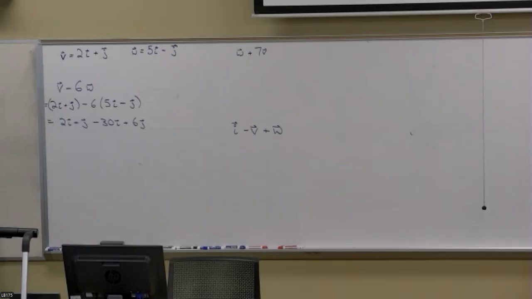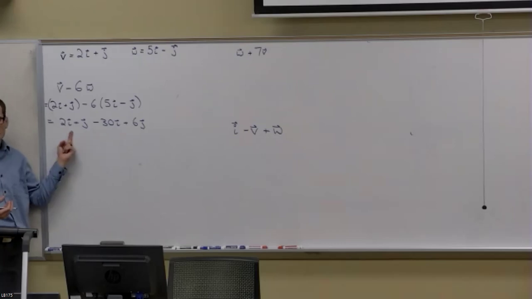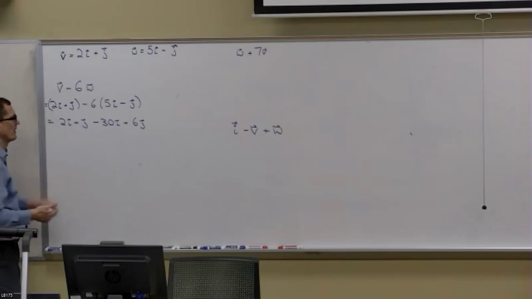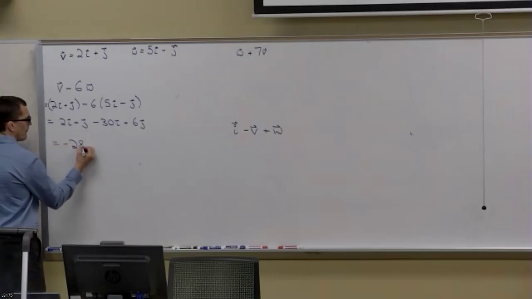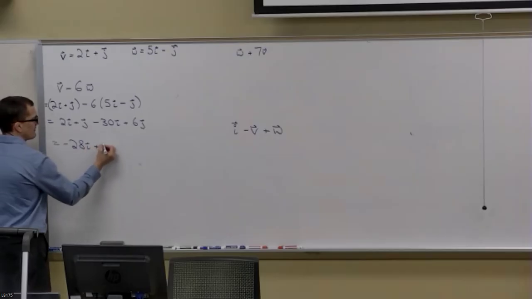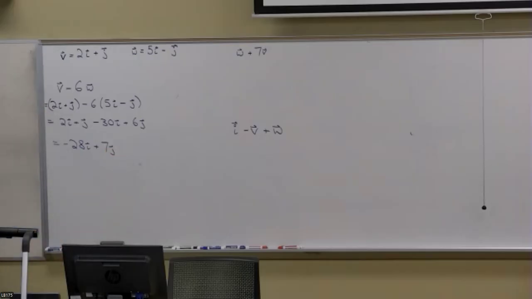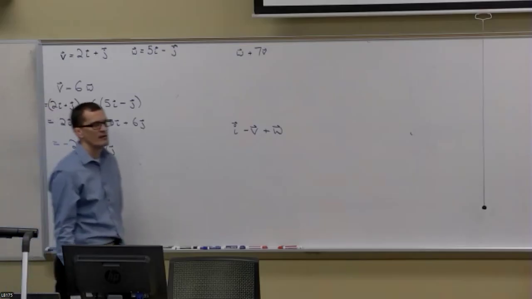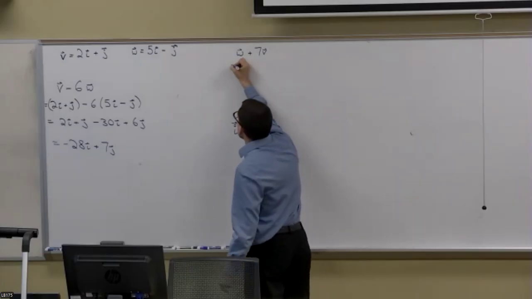And then essentially what I'm going to be doing in this notation is combining like terms. I's put together, J's put together. So we end up with negative 28I plus, looks like, 7J. Same concept over here.